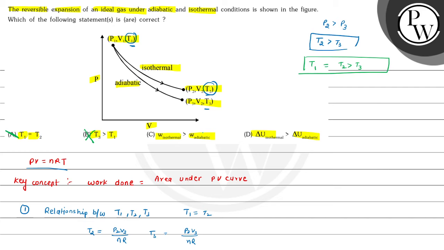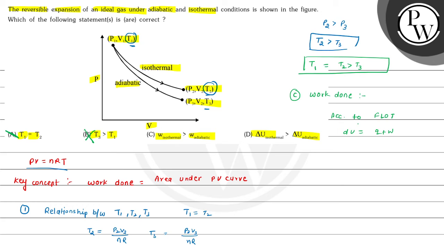Now we can check the work done. What is work done? Work done is equals to area under PV curve. And we know that according to the first law of thermodynamics, dU is equals to q plus w.